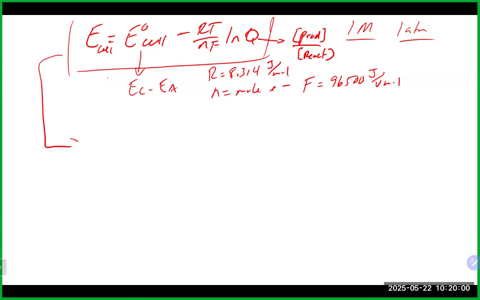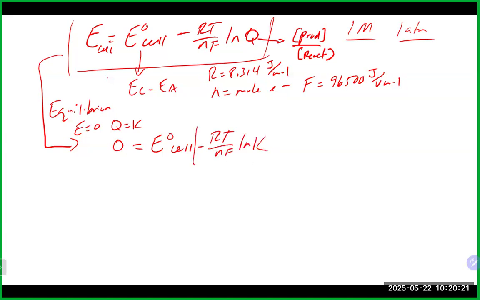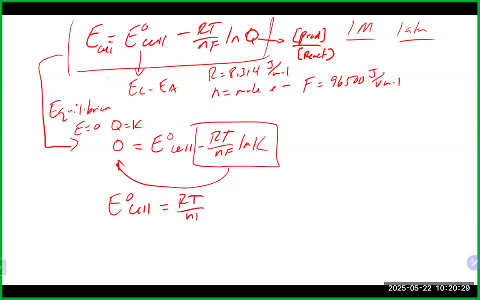Remember that if you get to equilibrium, you could derive the other equation that we saw, which was at equilibrium, E would equal 0 and Q would equal K. That gives you 0 is equal to E of the cell minus RT/NF natural log of K. Basically adding this entire thing to the other side gives you our other equation, which is E of the cell equals RT/NF natural log of K. So obviously involving the equilibrium constant or something to do with equilibrium, that would probably be the one to go with.